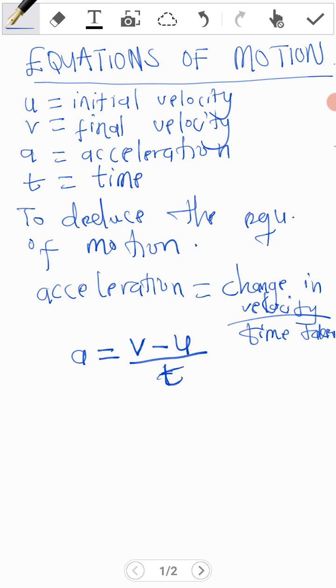Okay. So knowing this, we can actually get the first equation of motion, and we cross multiply, right?